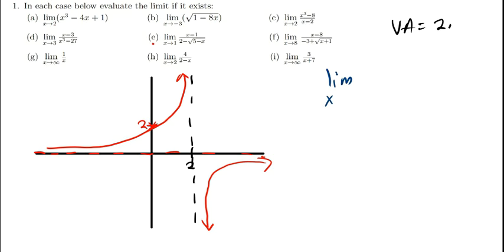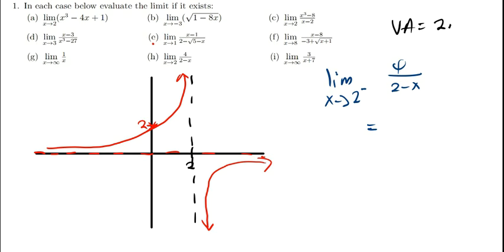Limit as x is approaching 2, let's start from the left side, 4 over 2 minus x. I'm going to plug in a number which is closer to 2 but from the left side. In this case, I could take 1, but if I want, 1.99 is fine.